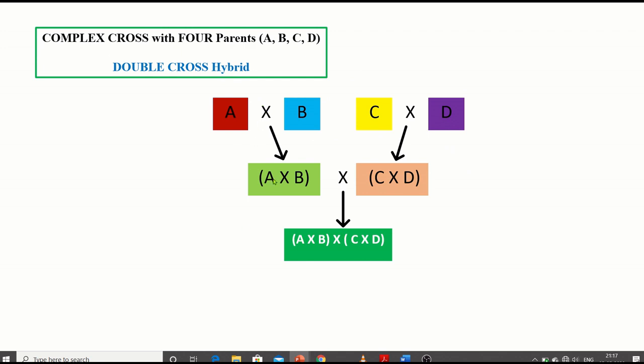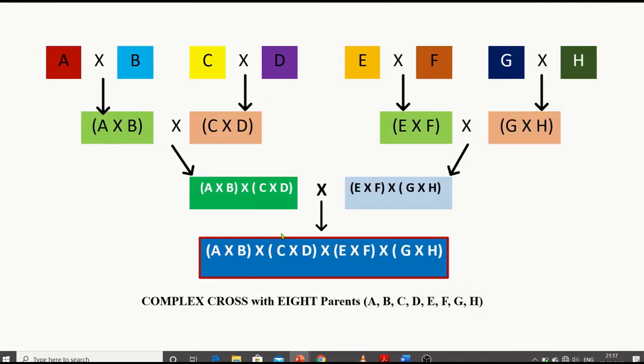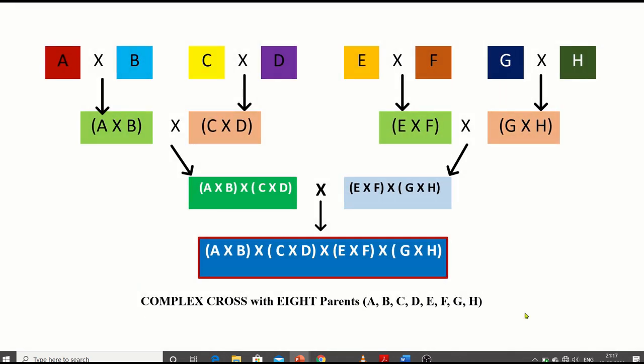In this case also various significant or agronomically superior traits are accumulated in a particular variety. The traits here are not only qualitative traits, they can be quantitative traits too. Here again is a more sophisticated cross, which includes 8 parents.